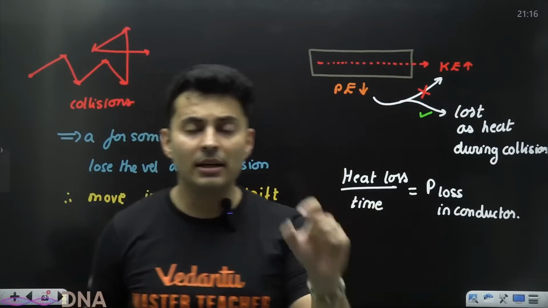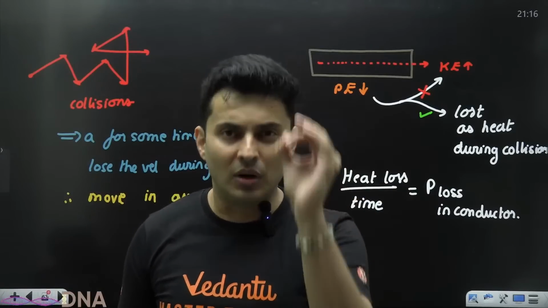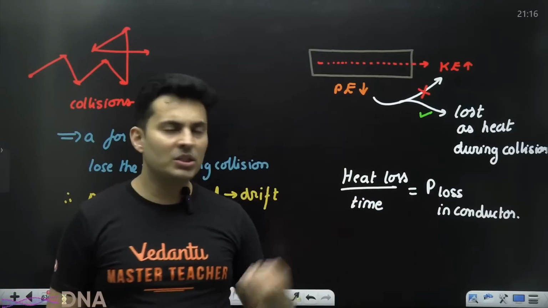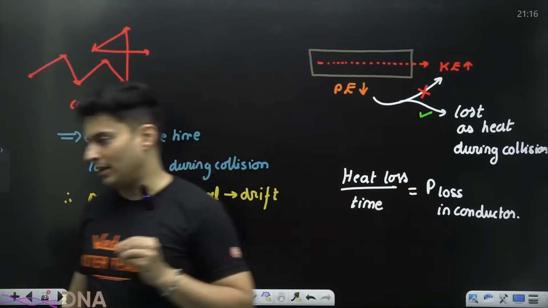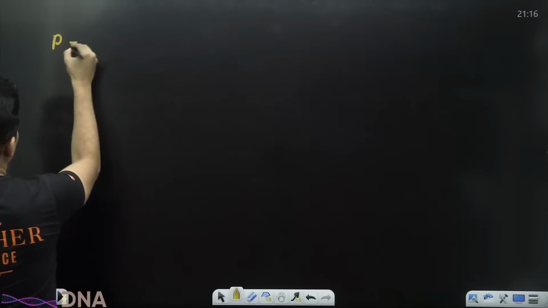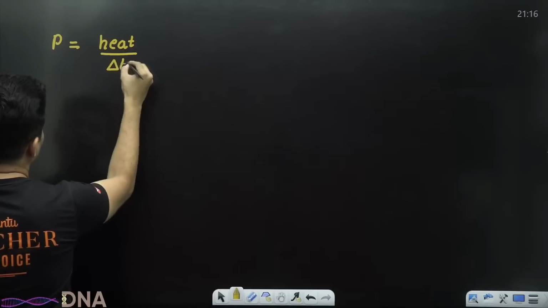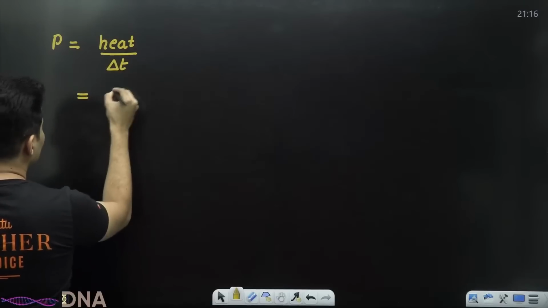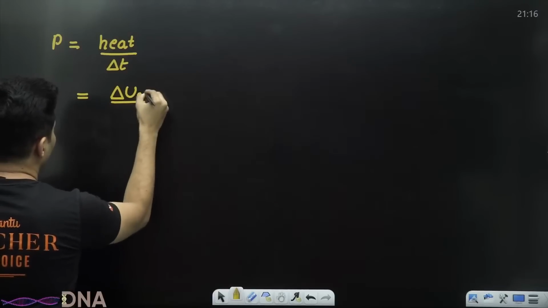You pass a current in any wire, any conductor, any resistor, any device, there is always some power loss. It depends on the current and the resistance, but you should understand why it happens. To find how much that power loss is, we find how much heat is developed per unit time. That heat is basically the difference of the electrical potential energy.